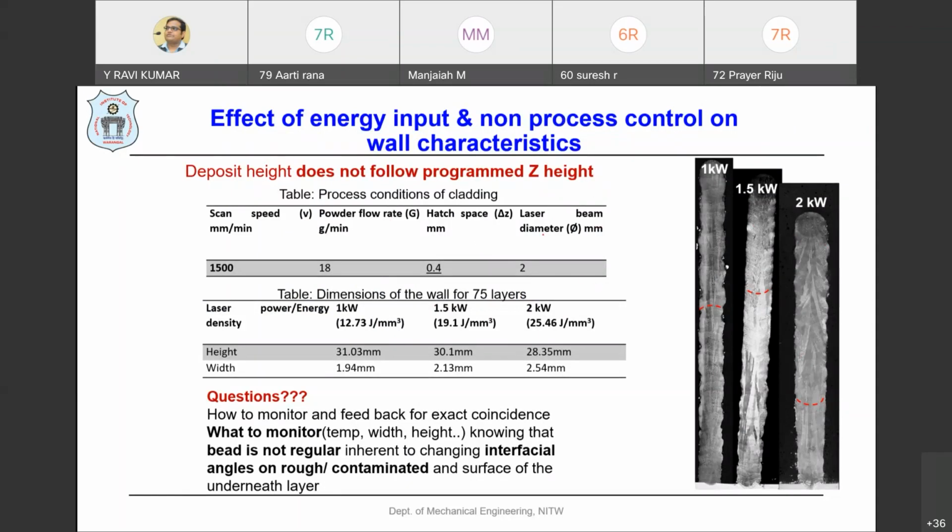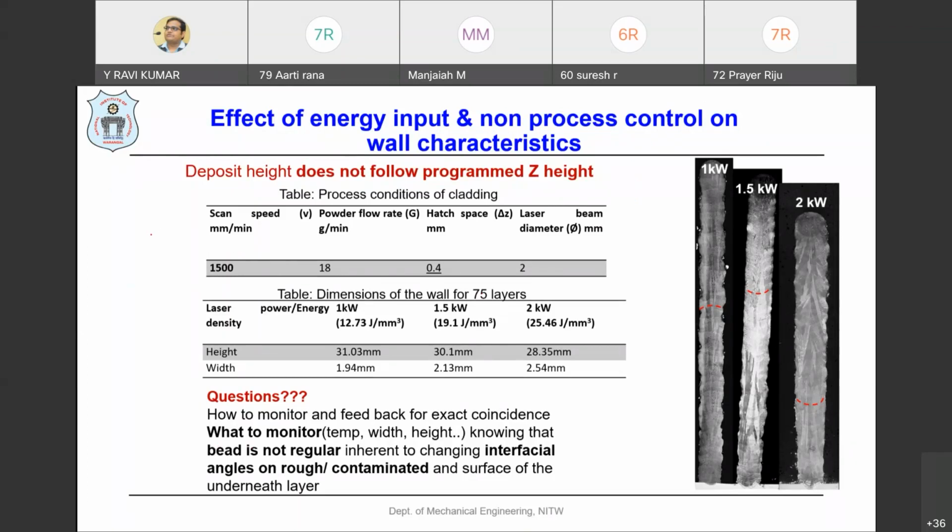We need to have feedback monitoring systems to coincide this temperature, width as well as height, because knowing that the bead is not regular, inherent to changing this interfacial angle, or on the rough or the contaminated surfaces or the underneath layer, you can see the layer height or width is going to vary with respect to the laser power here.